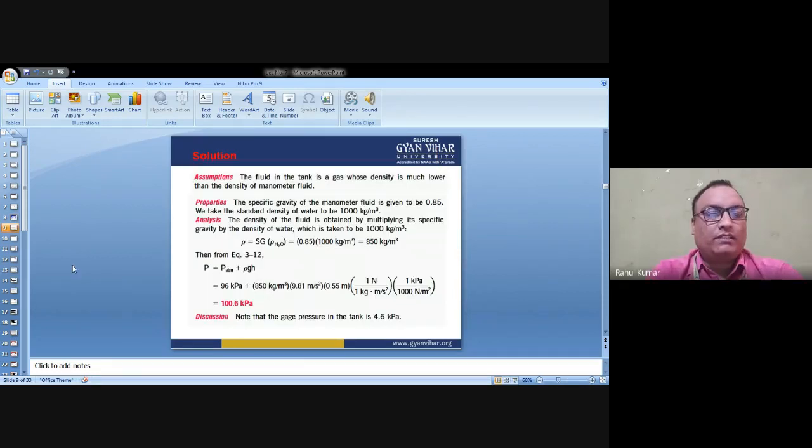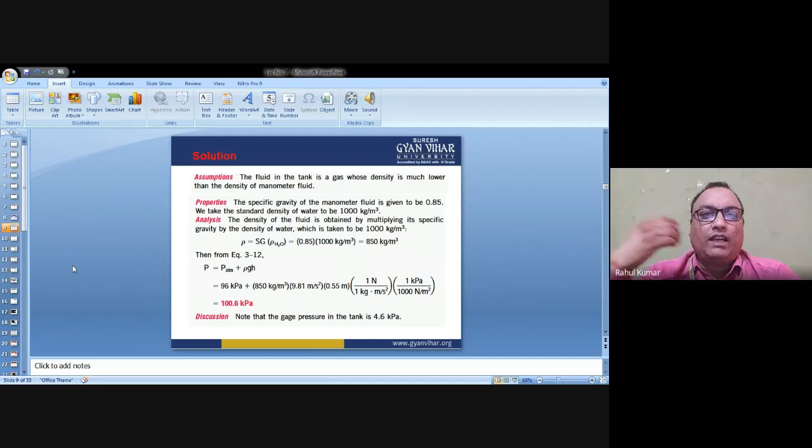For the solution of this question, the fluid in the tank is a gas whose density is much lower than the density of the manometer fluid. For the properties, the specific gravity of the manometer fluid is given to be 0.85 and the density of water is 1000 kg per meter cube.